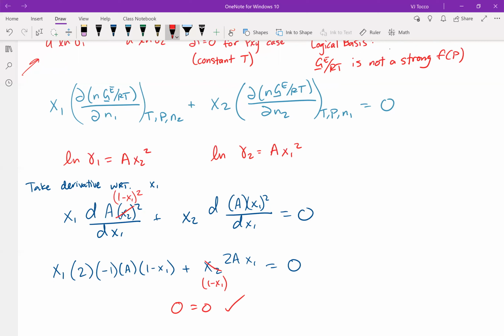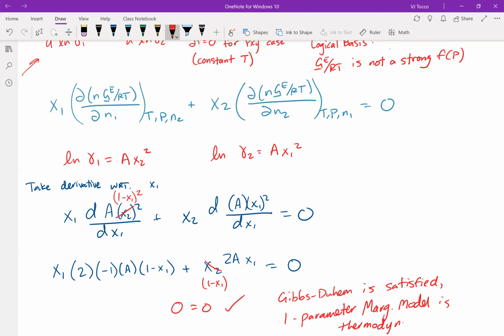Because it works out, because it's 0 equal to 0, this tells me that Gibbs-Duhem is satisfied, and the one parameter Margules model is thermodynamically consistent.